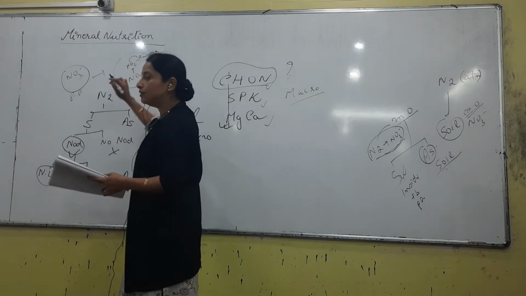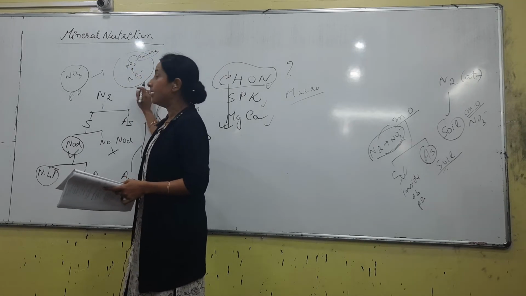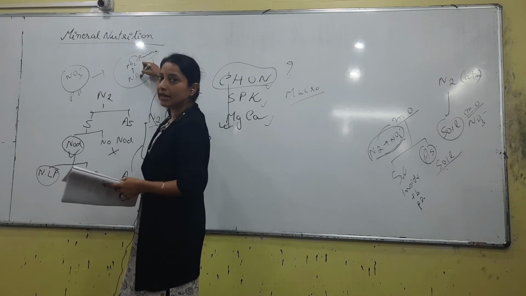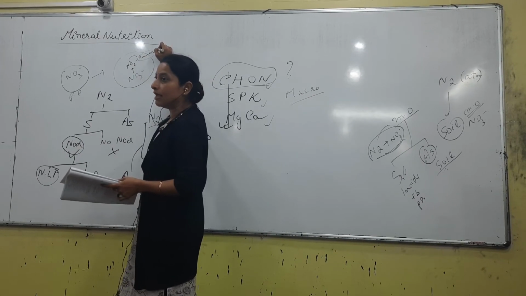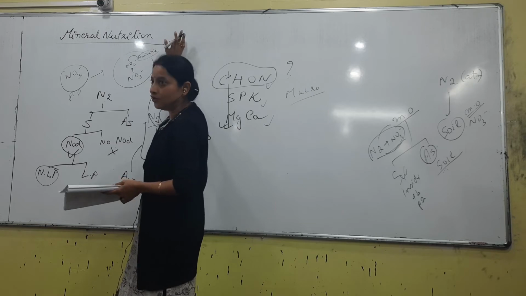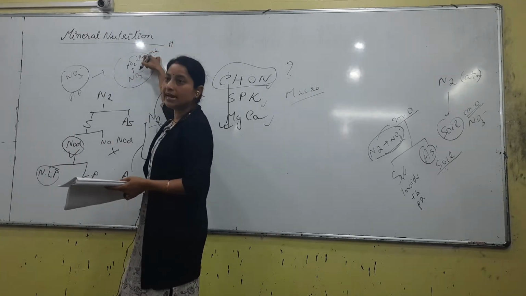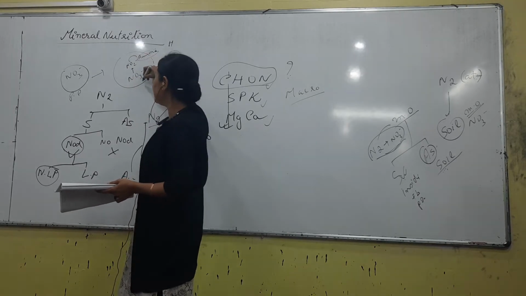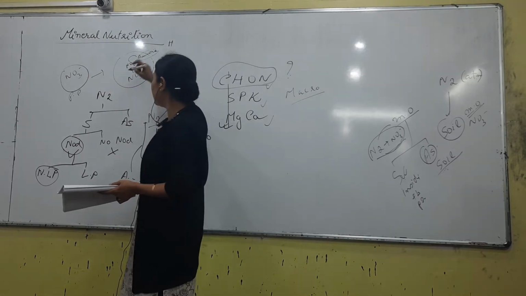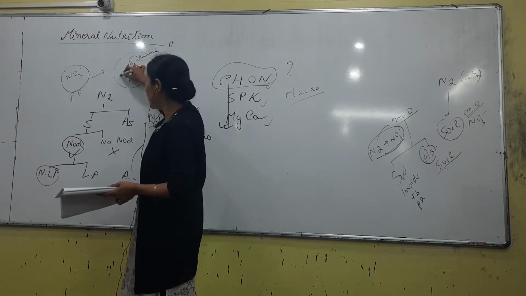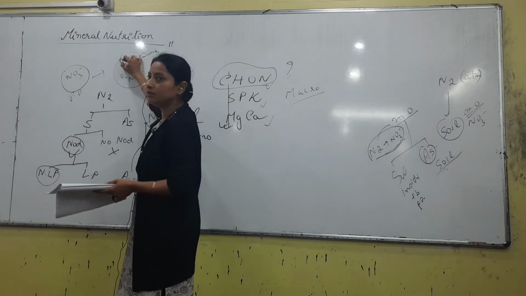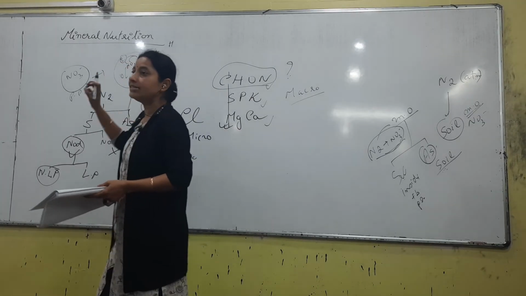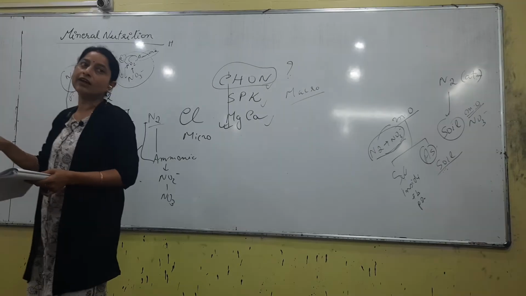This process we call nitrate reduction, and it occurs inside the plant cell. Nitrate reduction occurs in two steps. First, nitrate to nitrite, and second, nitrite to ammonia. Understood? Who is responsible? Certain types of enzymes, certain types of organisms.